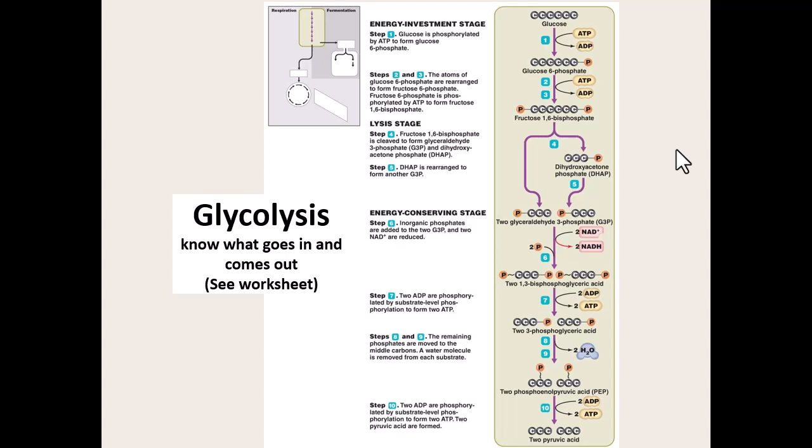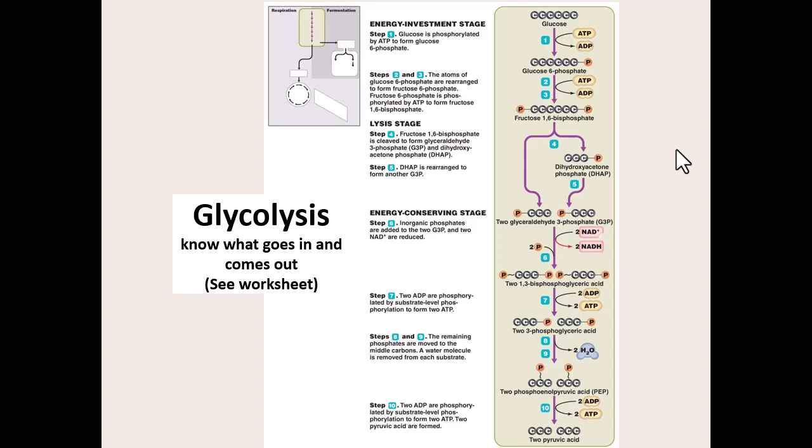So first, before I can start any chemical reaction, what do I need to put in? Enzymes lower it, but what do I need to put in? You need to put in energy. So at the very top of the diagram, we have a couple ATPs that are going in.